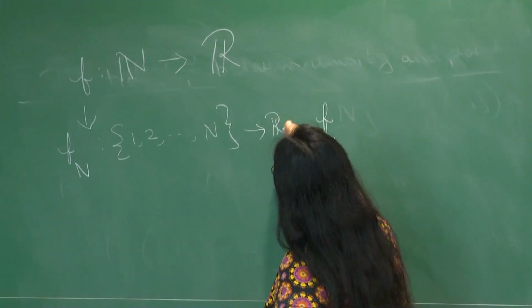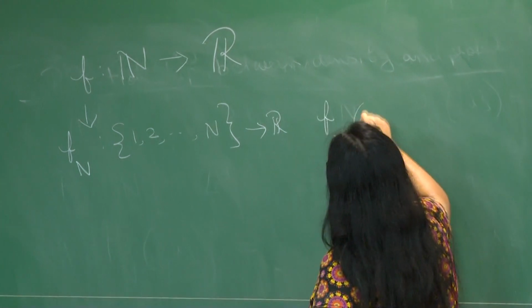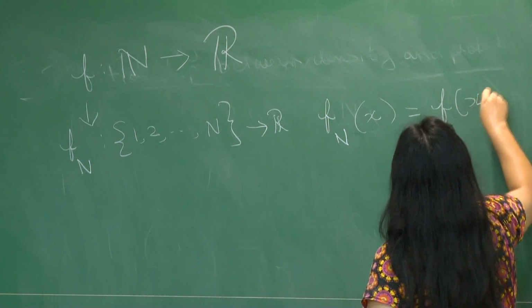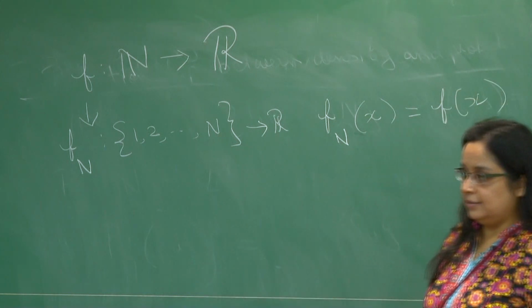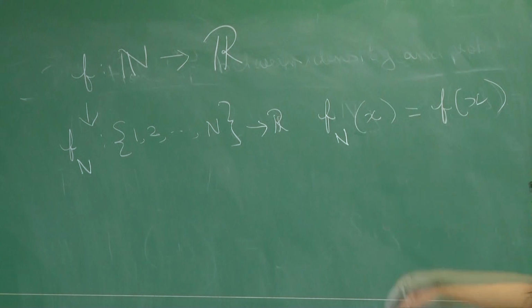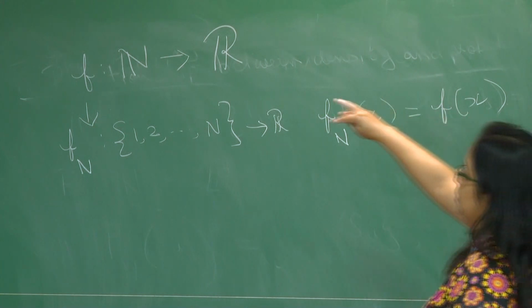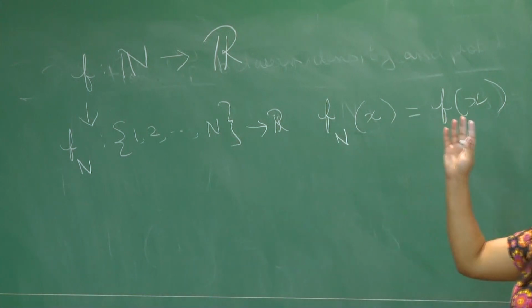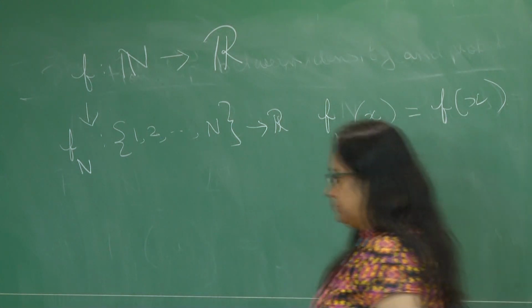So, f sub capital N of x is just f of x in this set. So, we are just descending from a set of functions on the set of all natural numbers to functions on the set of the first capital N natural numbers.